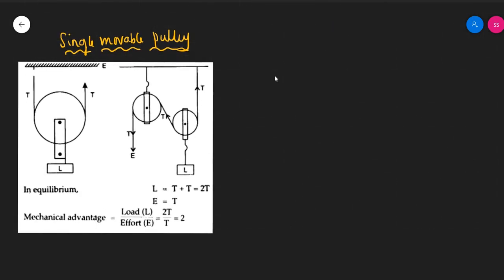Now, a single movable pulley is where your pulley is movable, as you can see here. You fix one end of the rope and then you pull from the other end. A good example is the use of these in fishing boats.